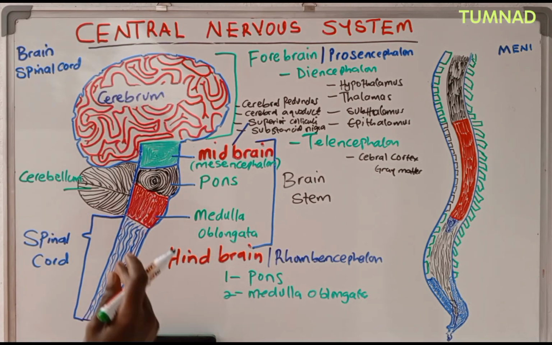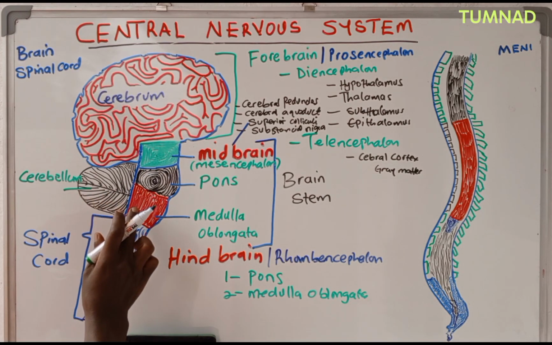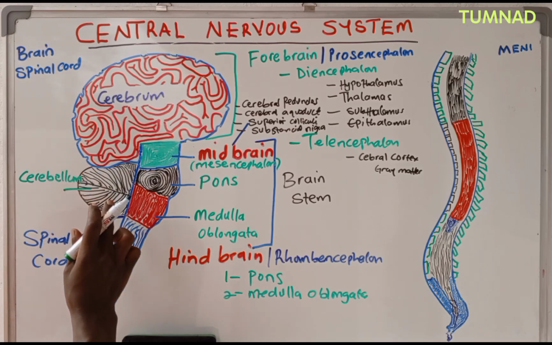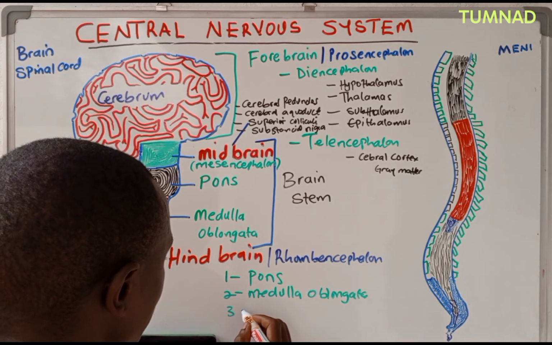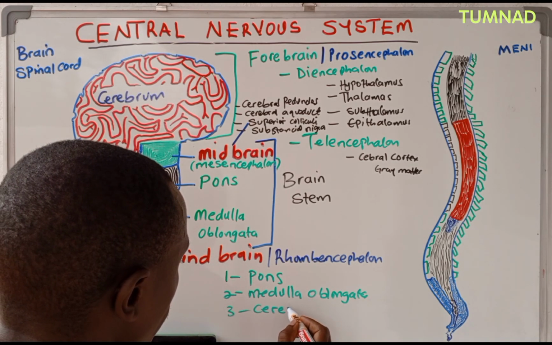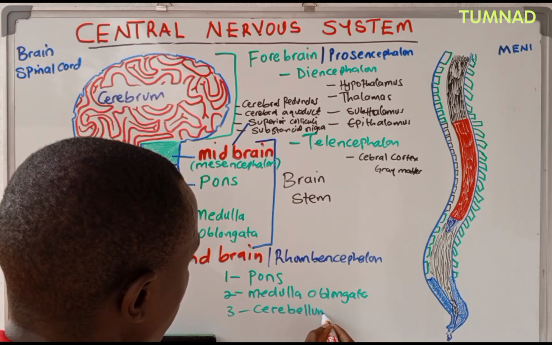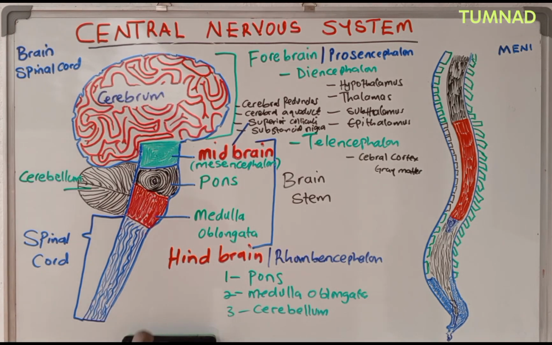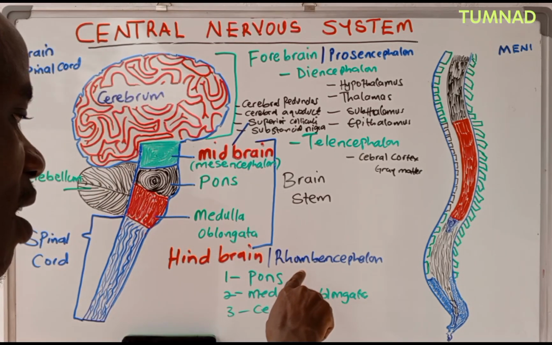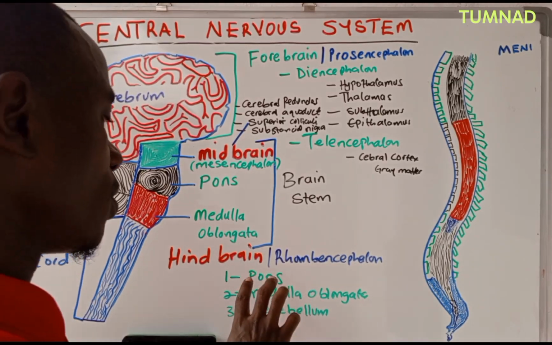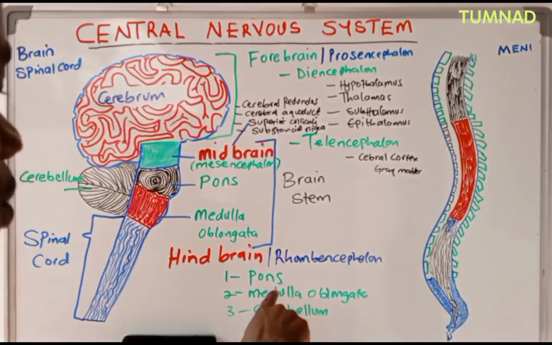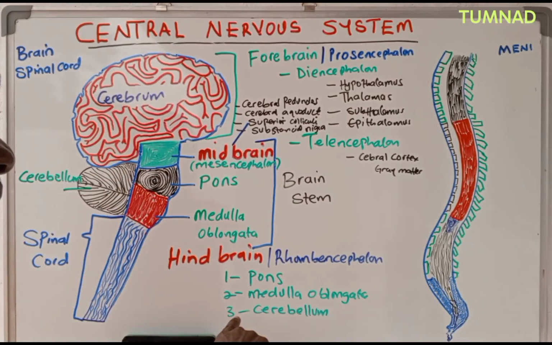And then the last one, you see this structure which is behind the pons and the medulla. This one is what we call the cerebellum. So in other words, the hind brain, or what we are calling the rhombencephalon, contains 3 parts: the pons, the medulla oblongata, and the cerebellum.